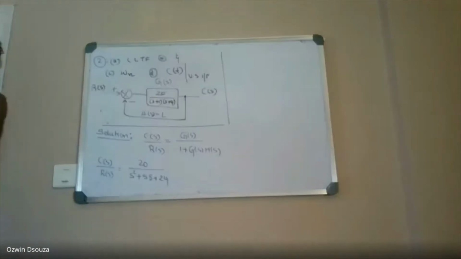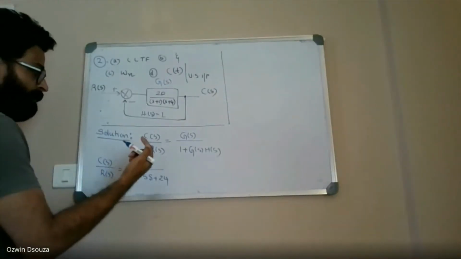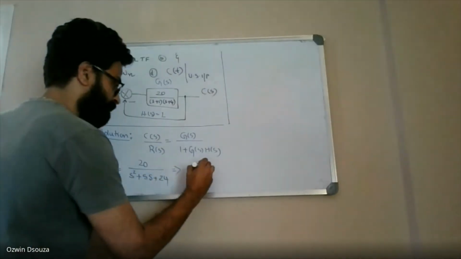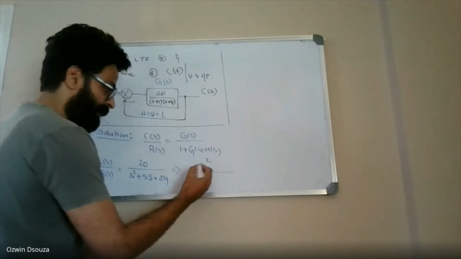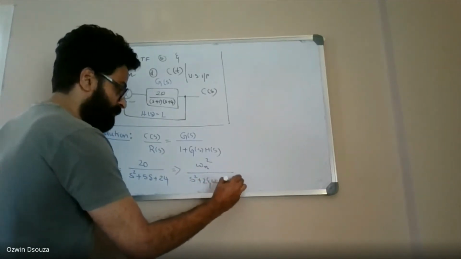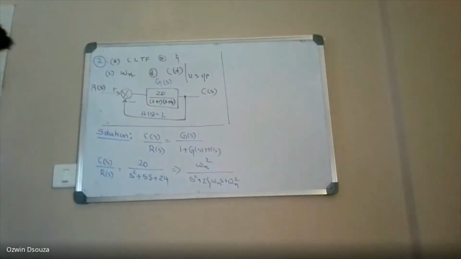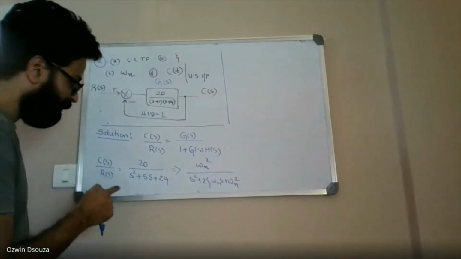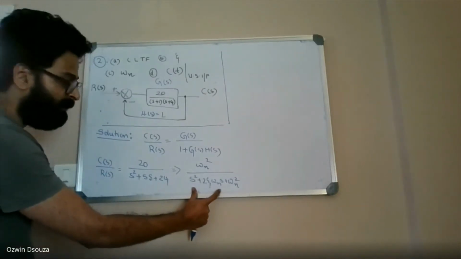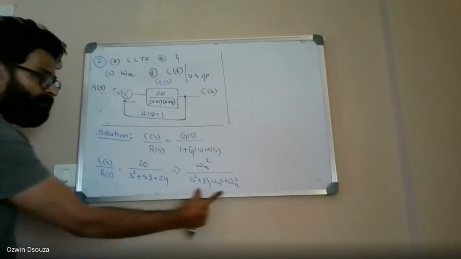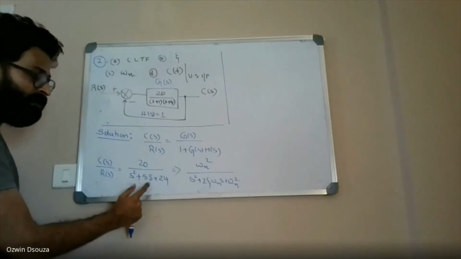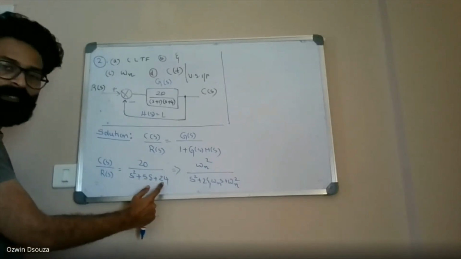As you can clearly observe, if you were to compare it with the standard form, you would have the following standard form: omega n square divided by s square plus 2 zeta omega n s plus omega n square. Now you need to compare the given system with the standard function. The denominator is agreeing with the standard form: s square, then an s term, and then an omega n square term.